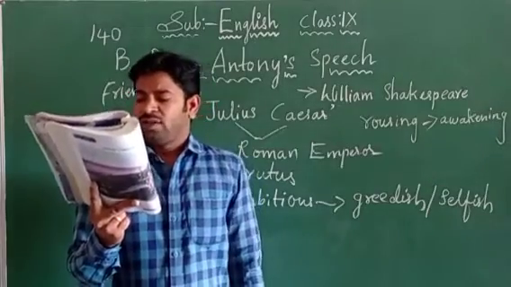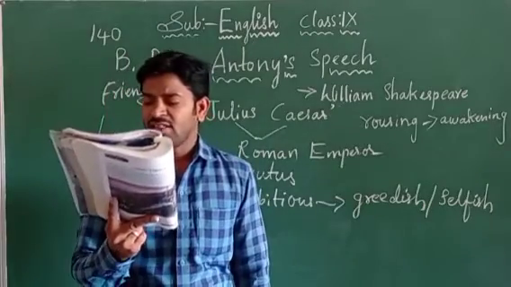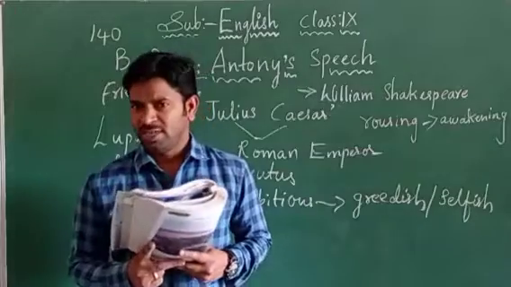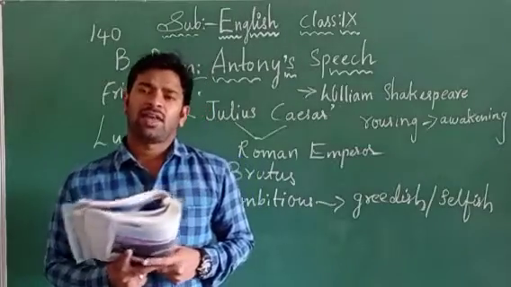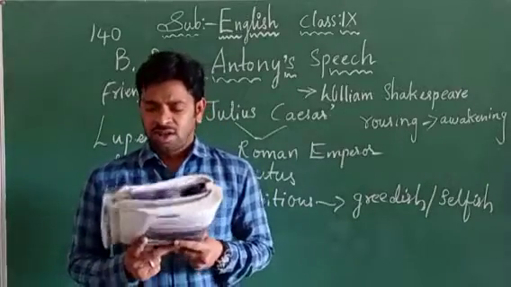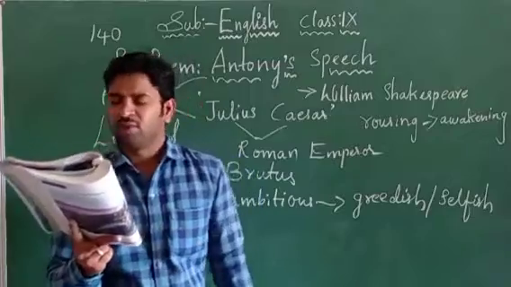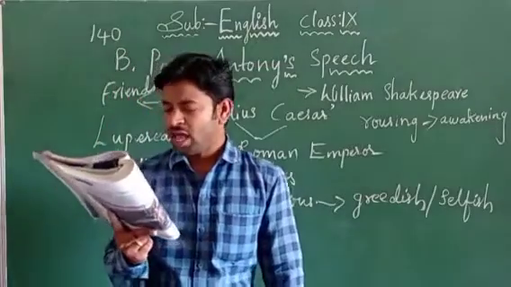By that we can say that if he was ambitious, he should have taken the crown, but he did not take the crown. By this we can tell that he was not ambitious.